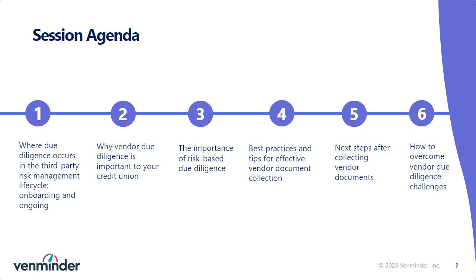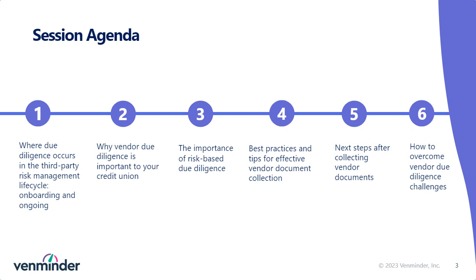for your credit union. For today's agenda, I'll be discussing where due diligence takes place within the third-party risk management lifecycle and how it serves a different purpose during the onboarding and ongoing stages. I'm also going to review some specific reasons why this practice is important for both your credit union and its members.